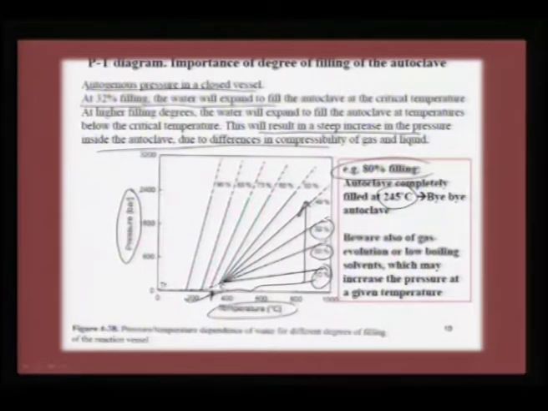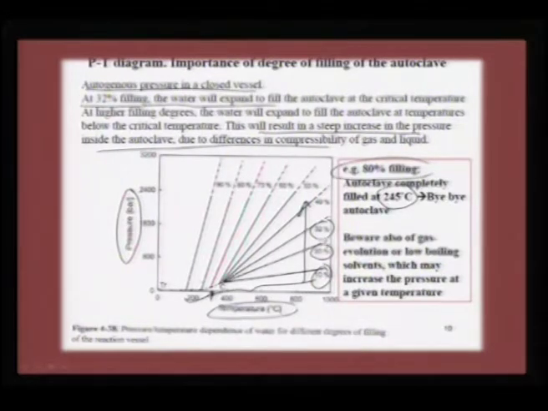So this is a guideline to ascertain whether you are in a safe zone. So if we happily try to fill the pressure vessel with 80 or 70%, then even at 200 degrees C you will be generating very high pressures, where the pressure vessel cannot stand such a pressure.